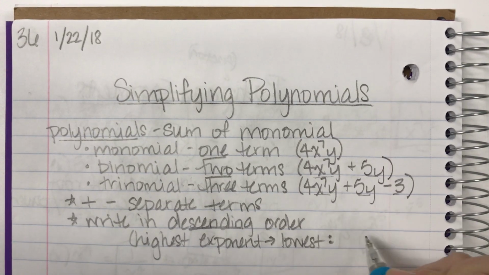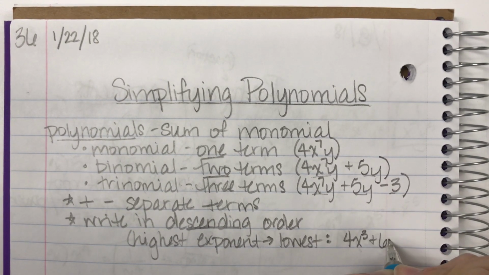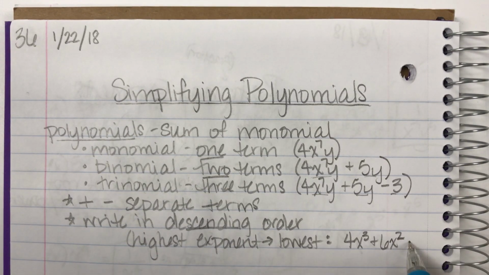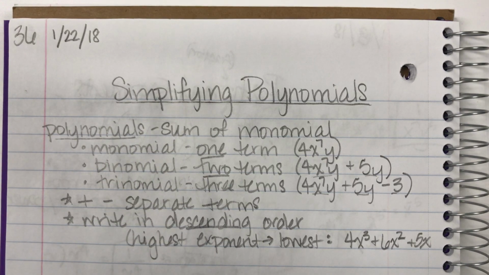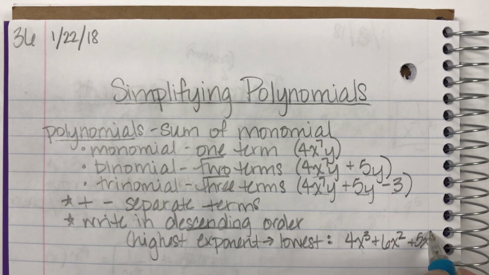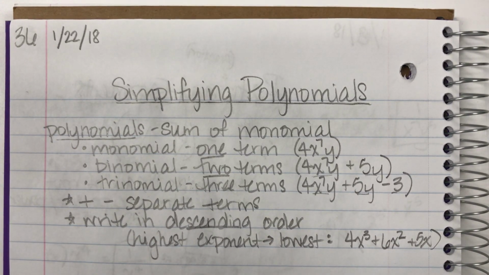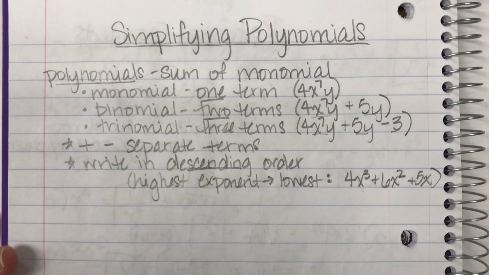Let's say we had 4x to the third plus 6x squared plus 5x. You're just putting cubed, then squared, then a plain x. You're just making them go from highest to lowest. Again, not a big deal, but something definitely worth mentioning.